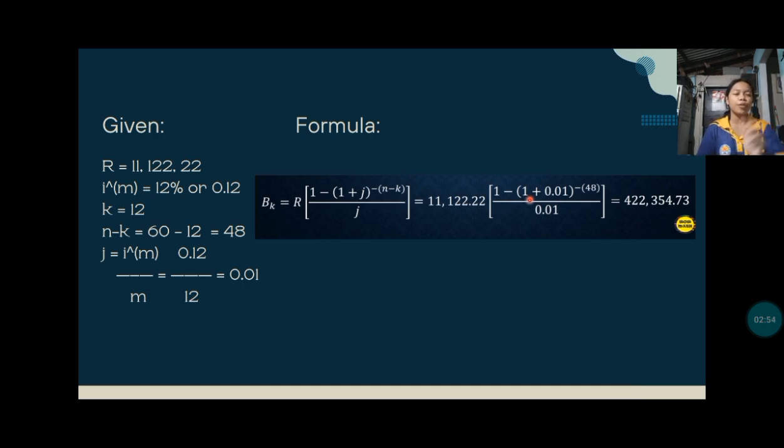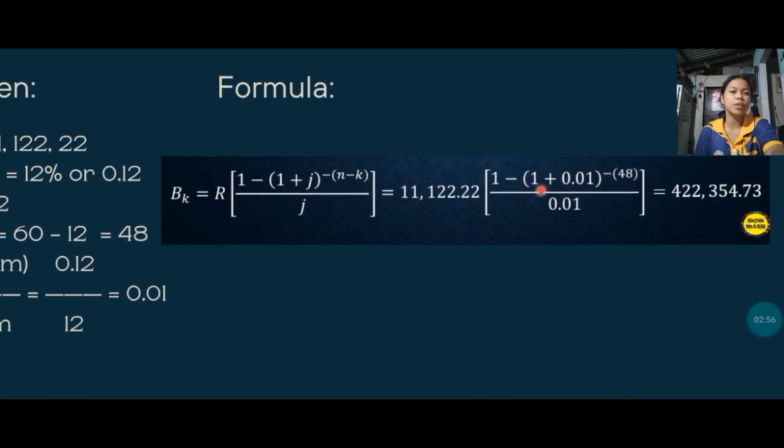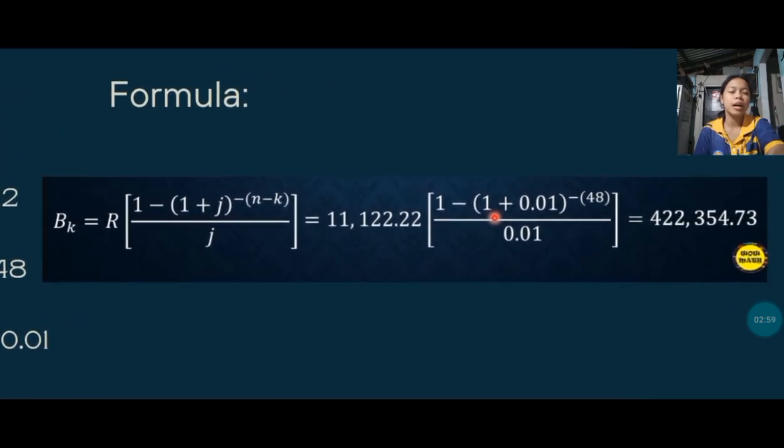So we have here the formula. We're just going to zoom in so you can see. Our formula is B sub k is equal to R times the bracket 1 minus the quantity 1 plus j raised to the power of negative n minus k, over j.